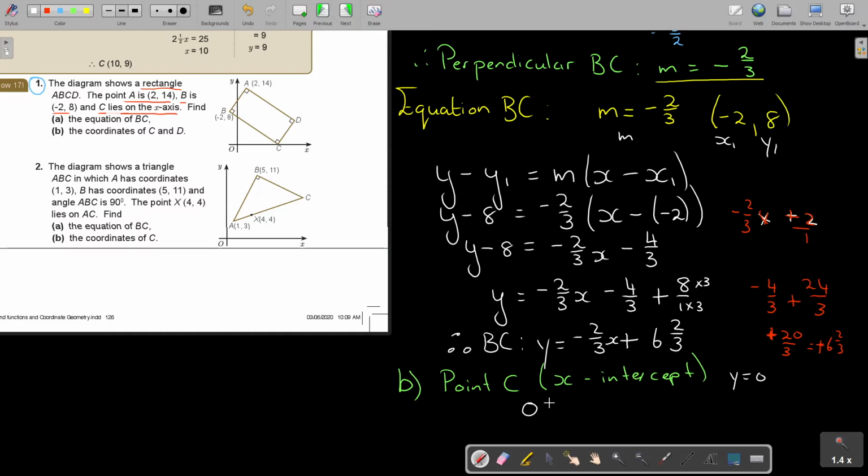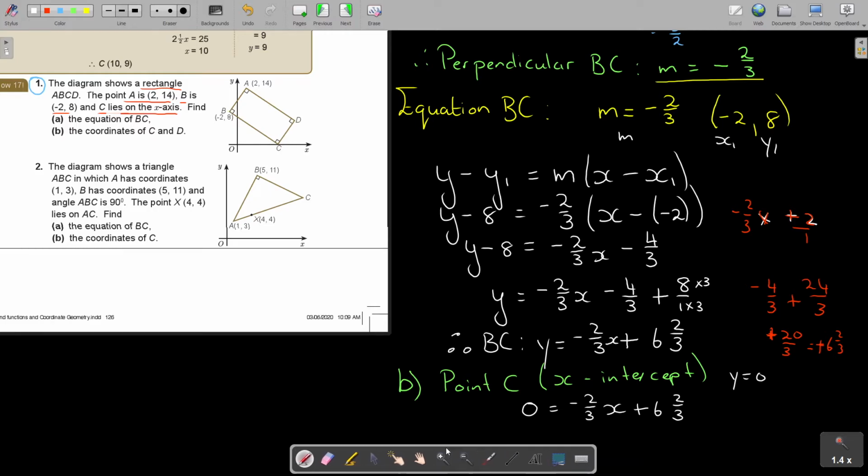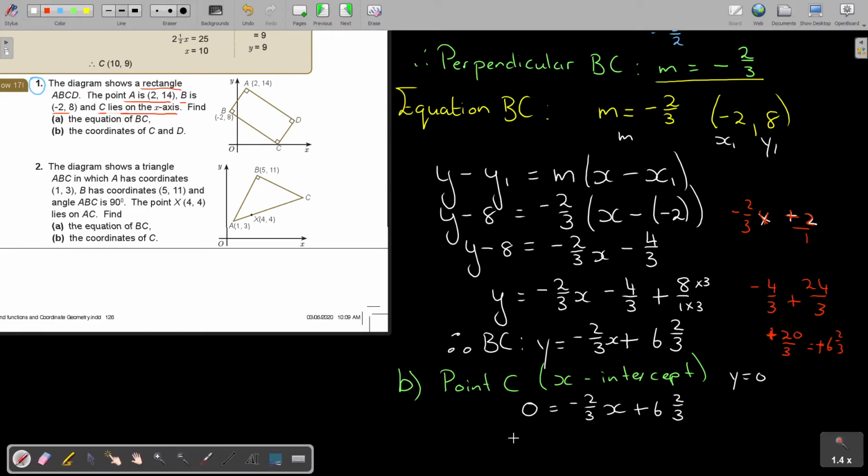So I'm just going to put y equals negative 2 over 3x plus 6 and 2/3. Okay, and if I'm simplifying this, let's just move this to this side. So it's going to be negative 6 and 2/3 equals negative 2 over 3x. So I divide by negative 2/3, and I really just want you to use your calculator at your work on speed.